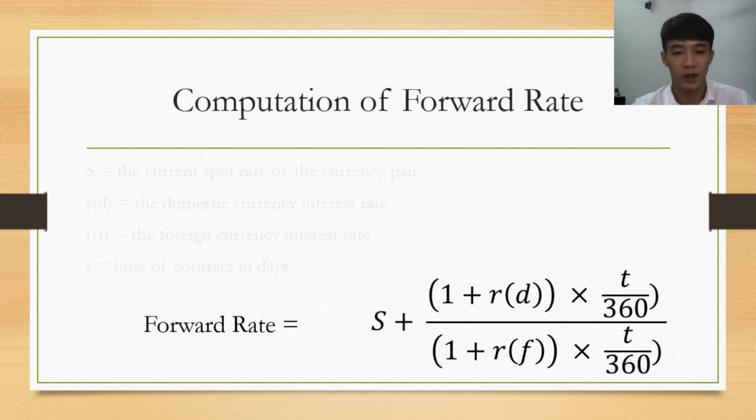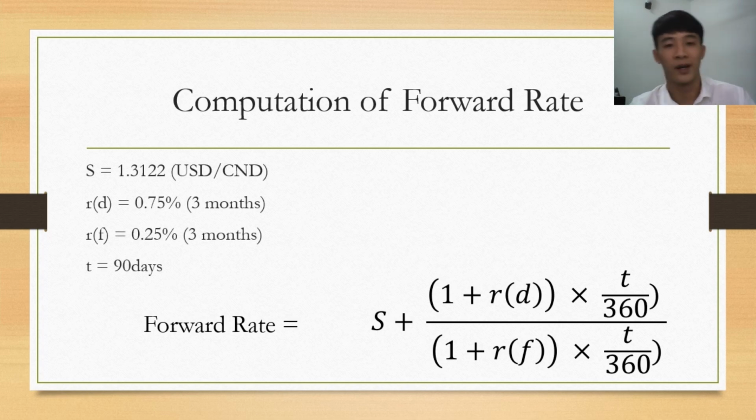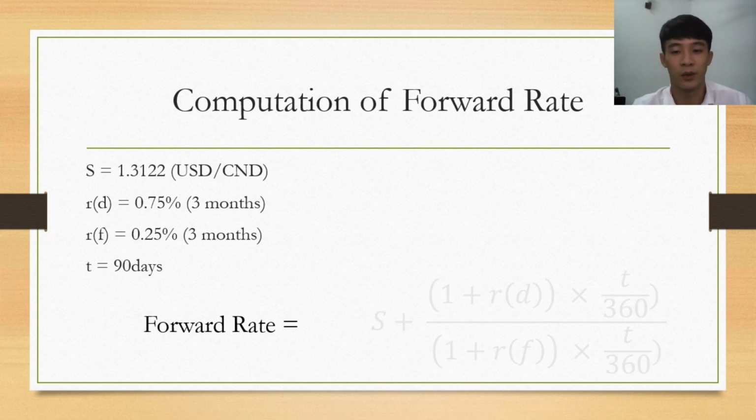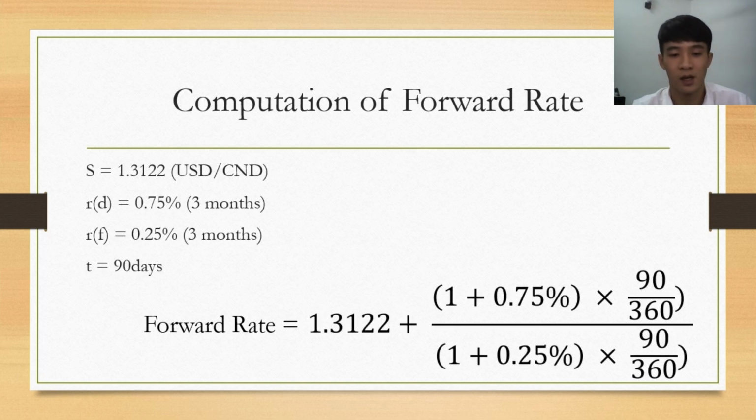So in a situation where the US dollar and the Canadian dollar are traded at the spot rate of 1.3122, the domestic currency interest rate is 0.75%, the foreign one is 0.25%, and the term of the forward contract is 90 days, let us put all these numbers into the equation. After all the calculations, the forward rate that we have is 1.3188, and this is how forward rates are calculated. Thank you.